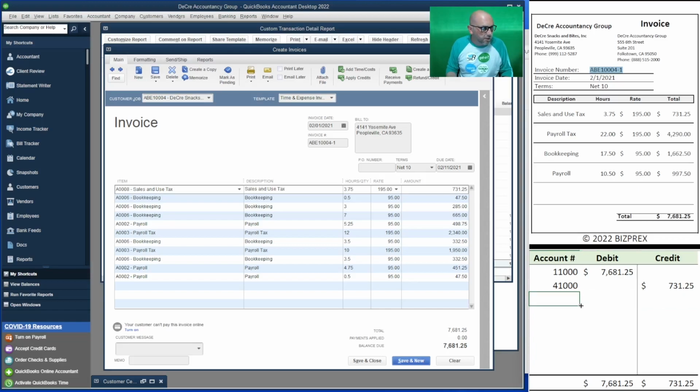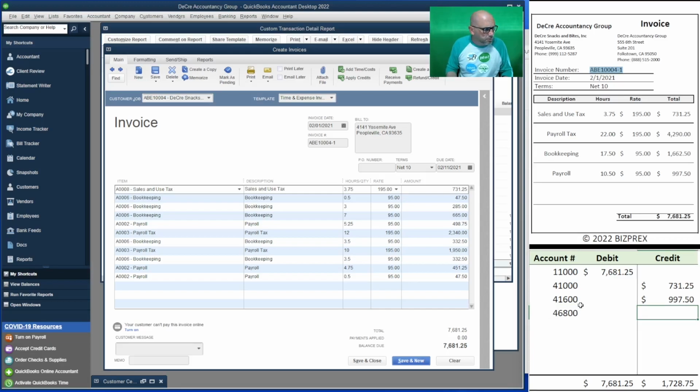All right, what else do we have? Next few are bookkeeping. That's our bookkeeping income. Bookkeeping income is 41,600. We can go ahead and add all of those in there. That's 4,750 plus 285 plus 650. All right, for the next one we have payroll. That would go under our payroll services income.